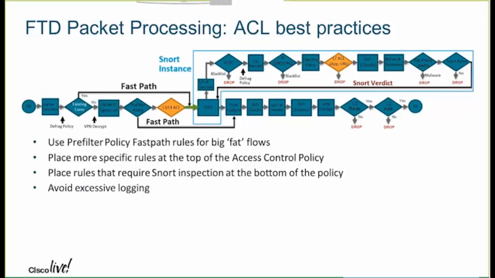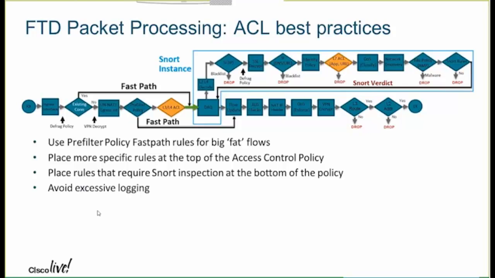So some of the best practices that we are suggesting for ACP processing, one more point here is to use pre-filter fast path rules for big fat flows. Basically we have a limitation if there is a high amount of data traffic passing through the firewall, where you have one single flow with a large amount of data passing through it.